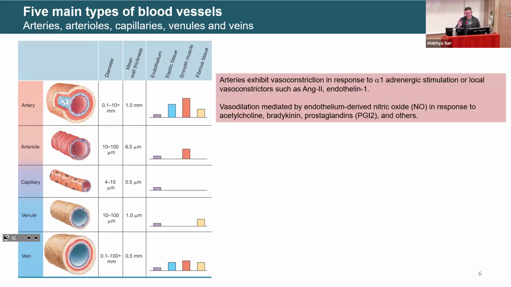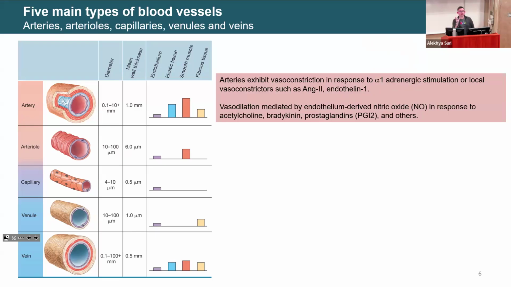Now, a few features of each of these groups of blood vessels. Arteries basically have the ability to vasoconstrict in response to stimulation with alpha-1 adrenergic agonists, right? So anything that binds to alpha-1 adrenergic receptors will cause smooth muscle vasoconstriction, right?